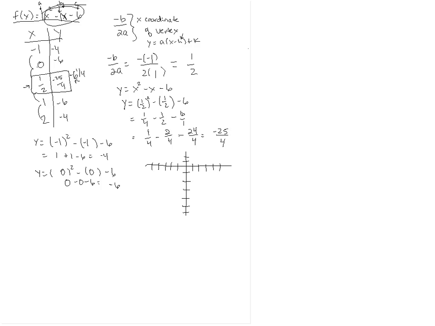All right. Now, the points are -1, -4, 0, -6, 1, -6, and 2, -4. So there's my parabola. Using the opposite of b over 2a.